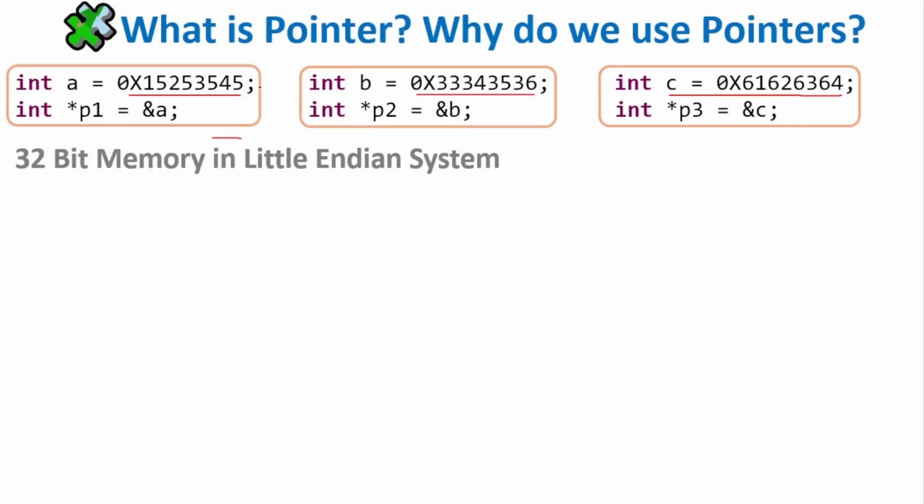Since each integer occupies 32 bits or 4 bytes in memory, we then define three pointers. Int *p1 equals address of a, int *p2 equals address of b, and int *p3 equals address of c, where each pointer stores the starting address of its corresponding variable.